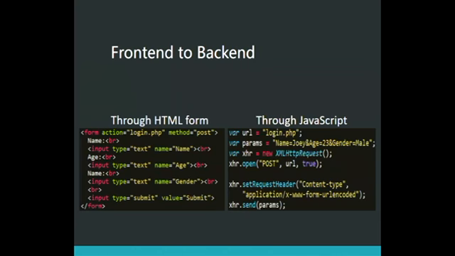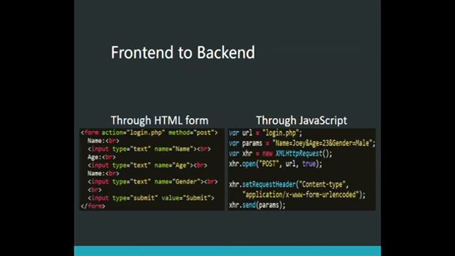And then you can also send requests using JavaScript, asynchronous requests. You can construct the URL and the parameters, like name, as key-value pairs separated by an ampersand. You create a new XMLHttpRequest, open the request, set the header of your request, and send it. So this allows you to construct a more customized request.